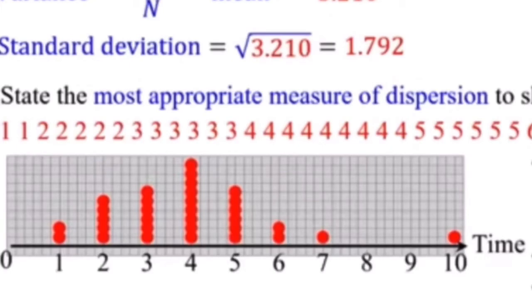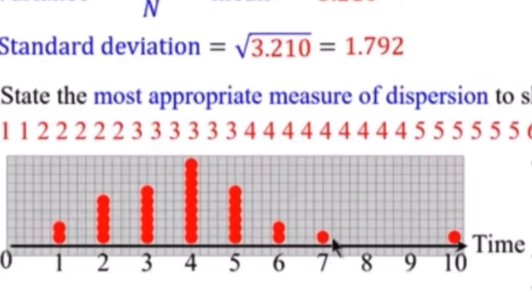We are not going to find out whether 10 is an extreme value, but it looks like 10 is very far from the other data. So we will assume that an extreme value exists. In this case, we will use the interquartile range, as it is more meaningful compared to the range, so that it won't give a wrong picture when there is an extreme value in the set of data.